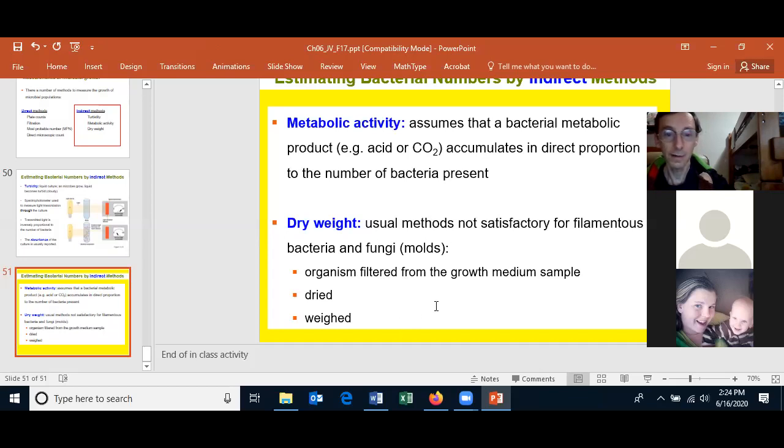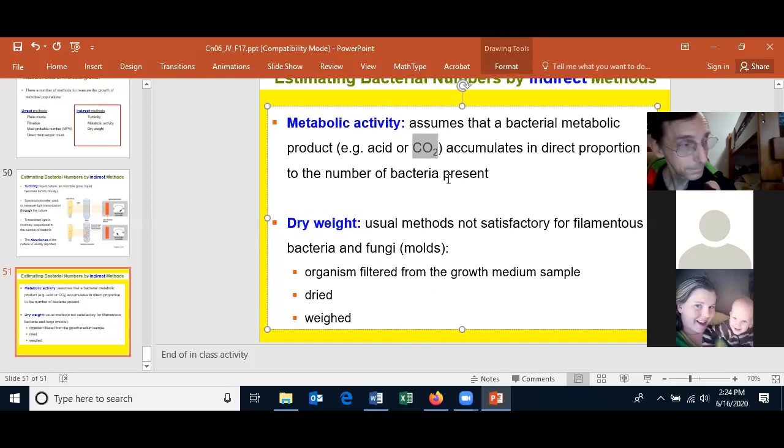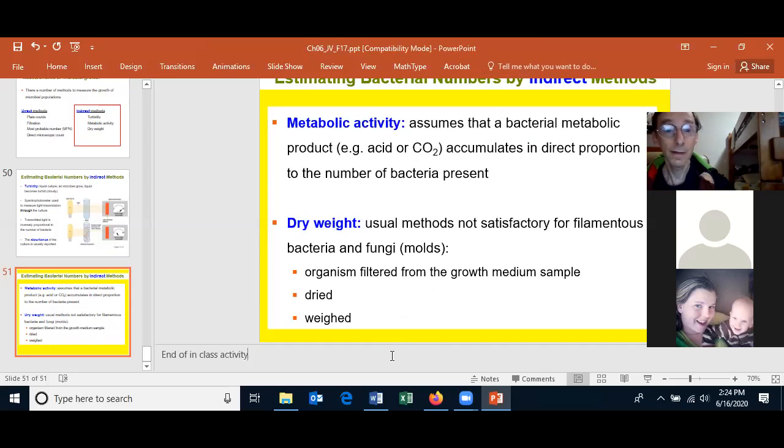So you can't tell on this one whether the cell is living or dead. On the metabolic activity, if it's a dead cell, it won't produce the metabolic activity, it won't produce the CO2. So actually this one is measuring viable cells. All right, any question about the two ways for getting an estimate from this slide, estimating the bacterial numbers by indirect methods?